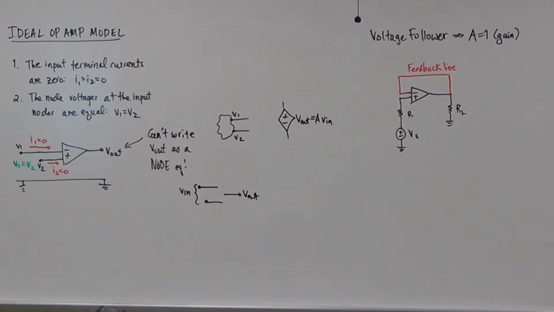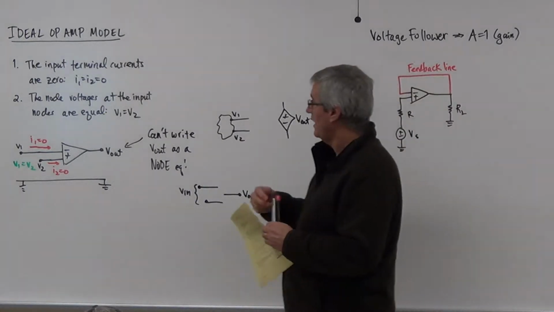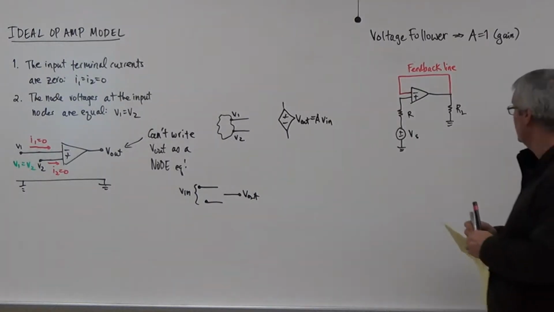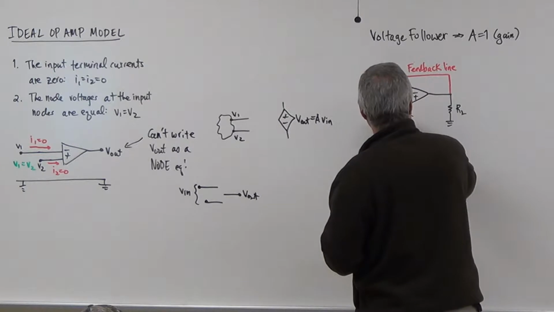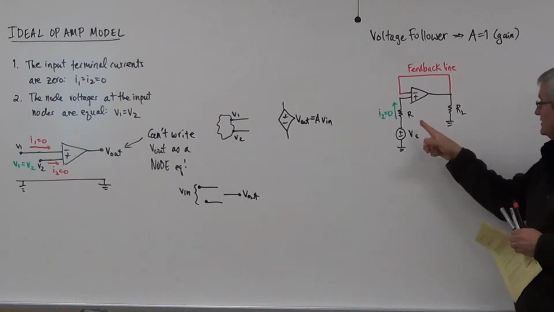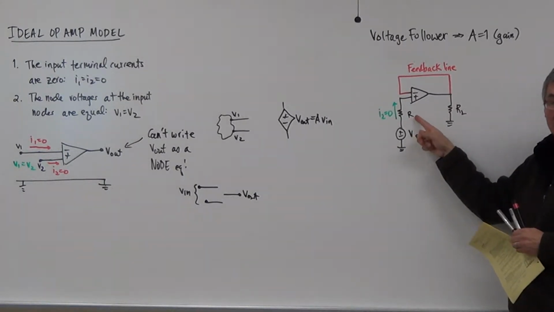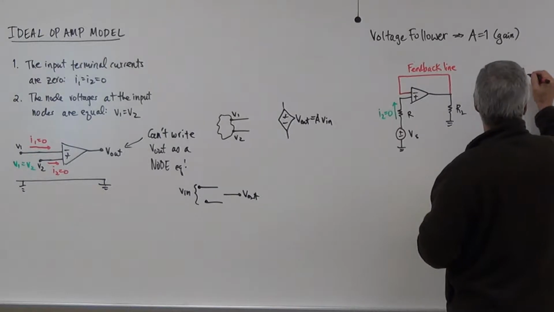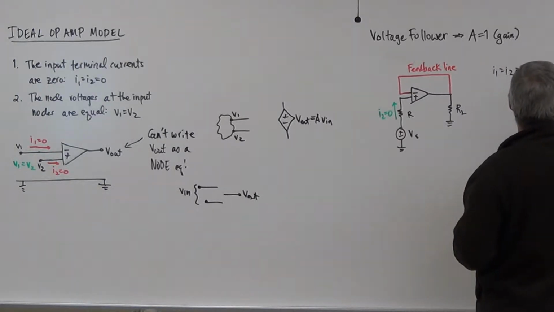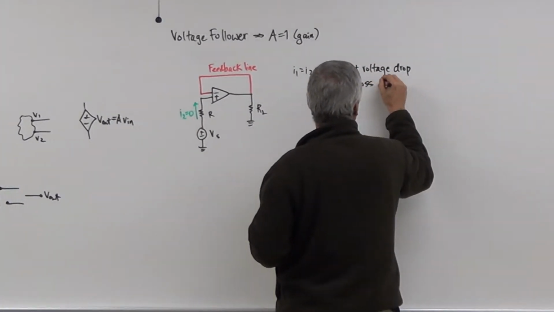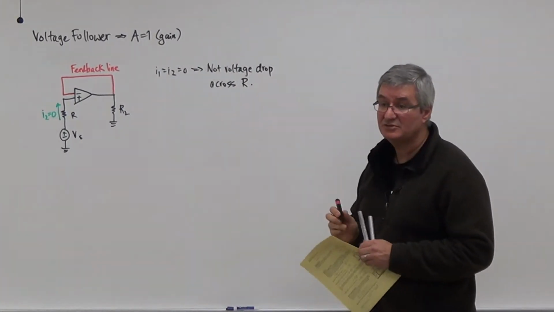So the first thing I would do here is look at the first condition, which says that the currents must be 0 on any branch. So when I look at this branch right here, that means the current flowing here is 0. If that's 0, then there's no drop across that resistor right there. So right away, I1 equals 0 implies that there is no voltage drop across R. So it's a dead resistor.